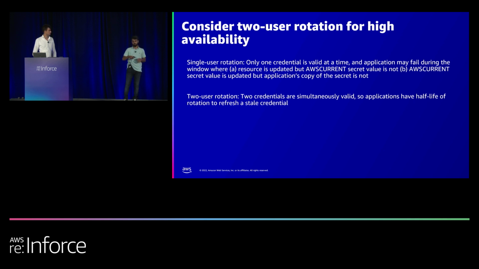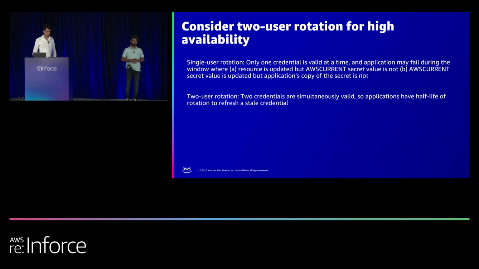In this way, when your application calls getSecretValue, whether it's getting AWS previous or AWS pending, which is the newer one, it's always going to be a user in the database whose password is not being rotated at that point. And so even though you're rotating twice as much, both those users are only getting rotated every 90 days.